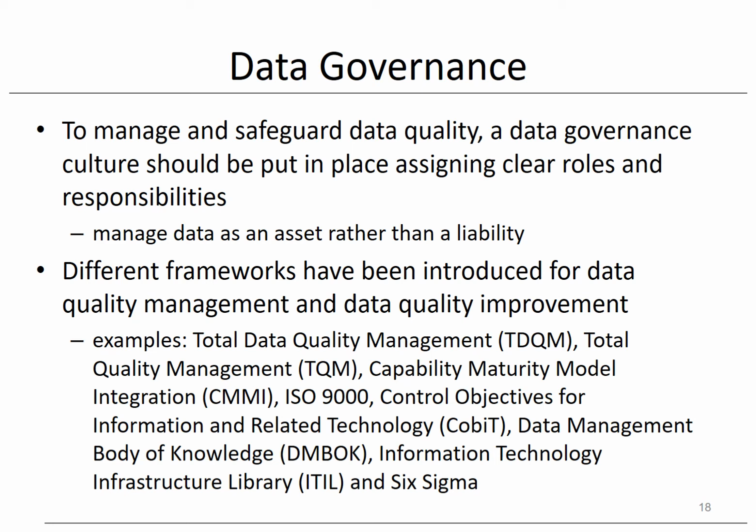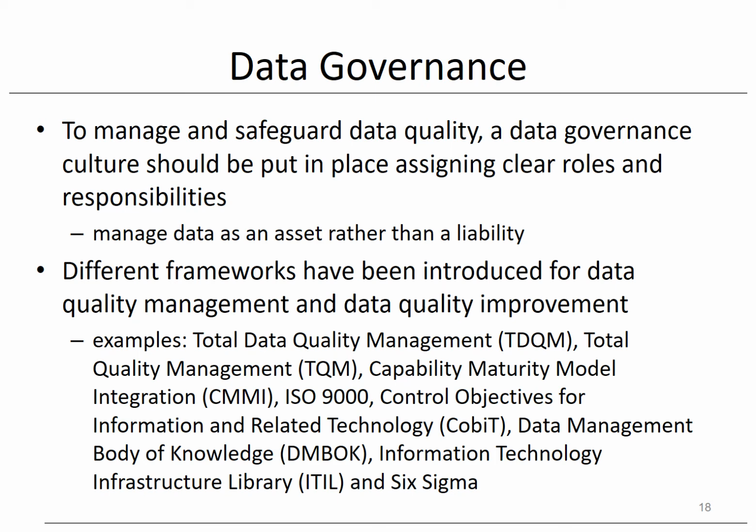Popular examples of such frameworks include Total Data Quality Management, TDQM, Total Quality Management, TQM, Capability Maturity Model Integration, CMMI, ISO 9000, Control Objectives for Information and Related Technology, COBIT, Data Management Body of Knowledge, DMBOK, Information Technology Infrastructure Library, ITIL, and Six Sigma.